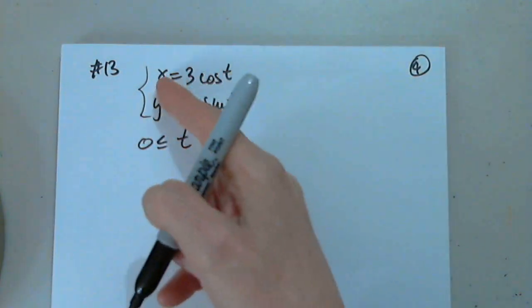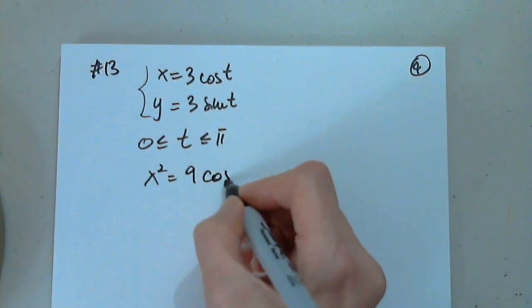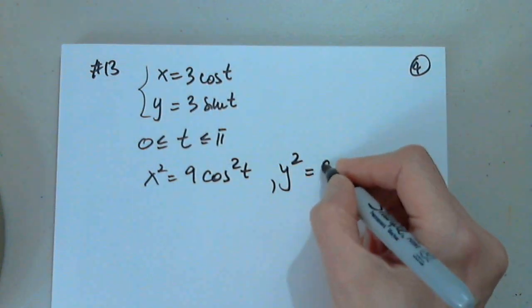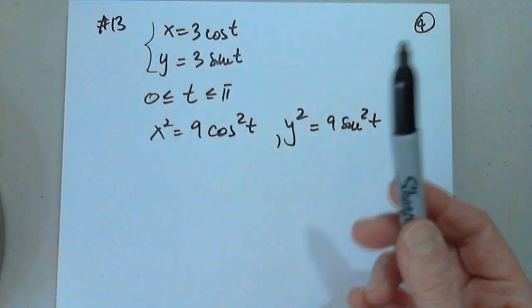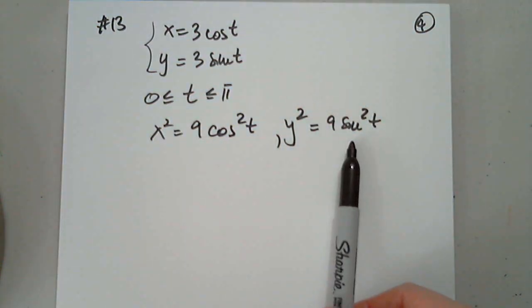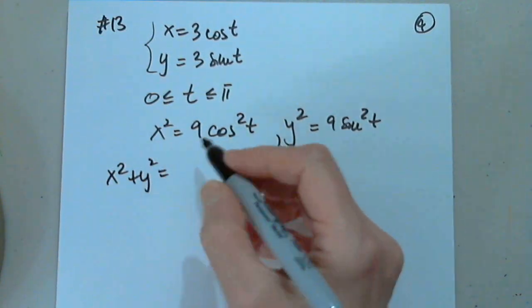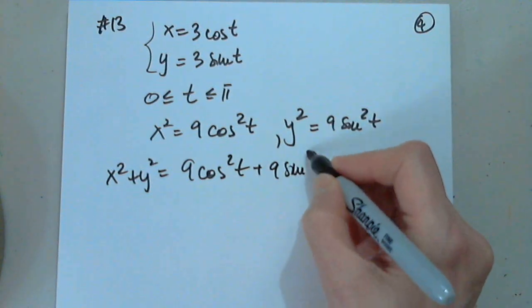So I square both sides here, so I get x squared equals 9 cosine squared t. I square both sides here, y squared equals 9 sine squared t. What I'm going to do to eliminate the parameter is add these two. So x squared plus y squared equals 9 cosine squared plus 9 sine squared.